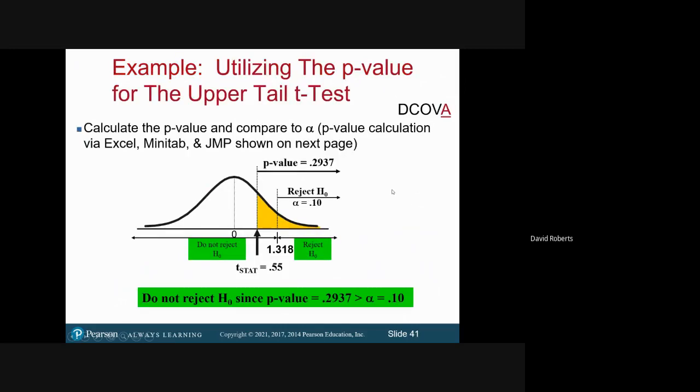So we just need to find the p-value. Using Excel, we find the p-value is 0.2937. That's way higher than 0.1. So do not reject, or as I normally refer to it, fail to reject H0.